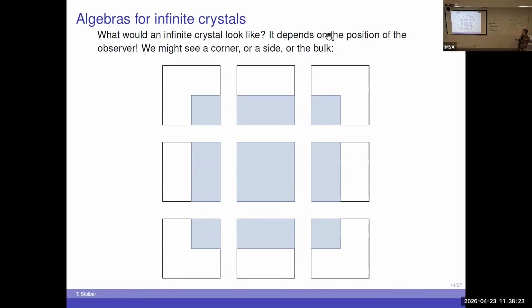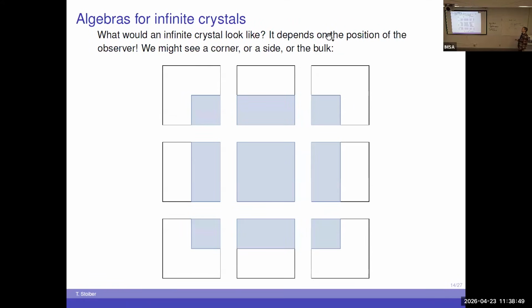Depending on where your fixed point is when you scale up the crystal, what you see in the infinite volume limit is either a corner, which then continues infinitely in all directions; or if you fix the position at a boundary in the middle, it scales up to an infinite half space; or if you're somewhere in the bulk, it scales up to an infinite model without boundaries.